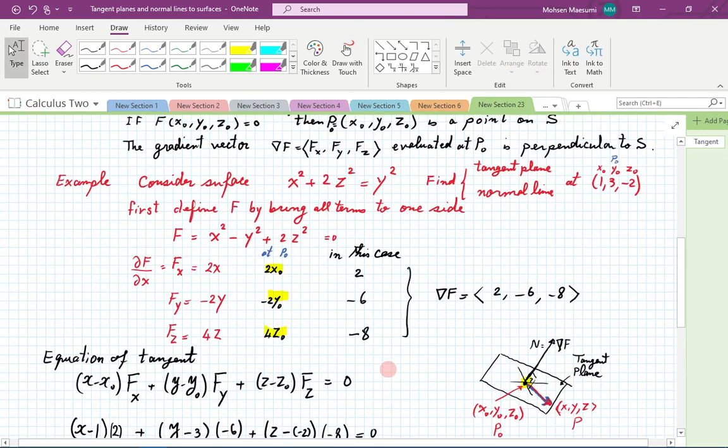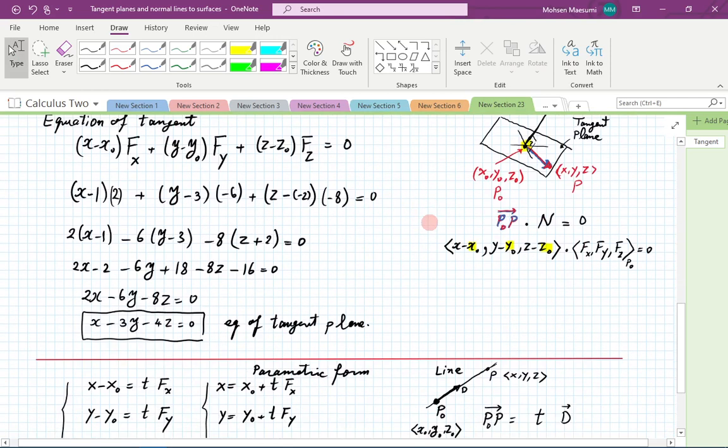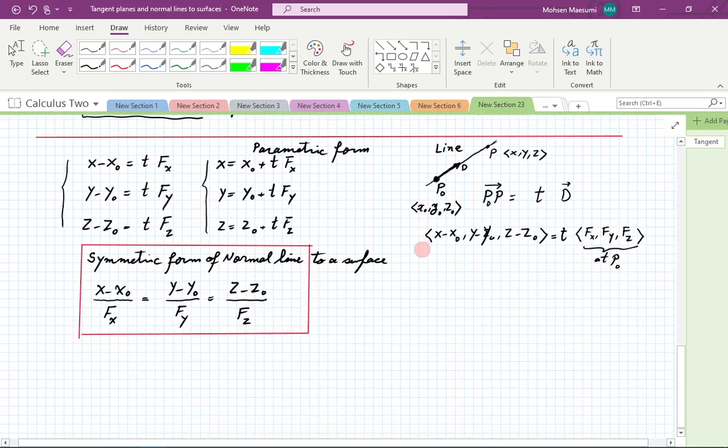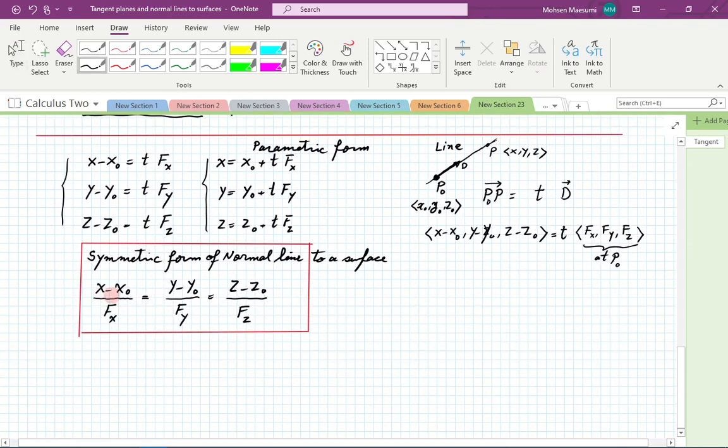Some equation is given. Bring everything to one side to standardize it. Call it f. Take the partials. Evaluate the partials at the given point. So now you have 3 numbers. That's all. Then you're done 99%. It is x minus x of the given point over the partial at that point.